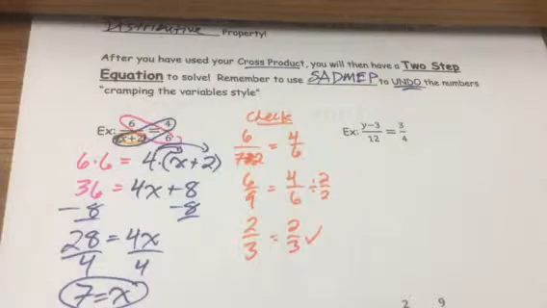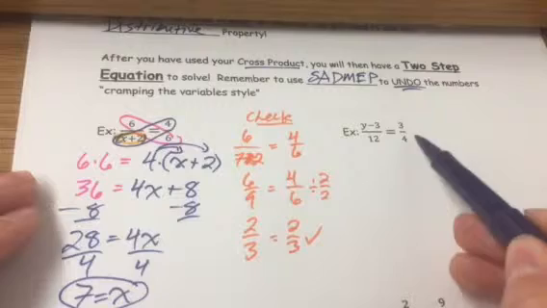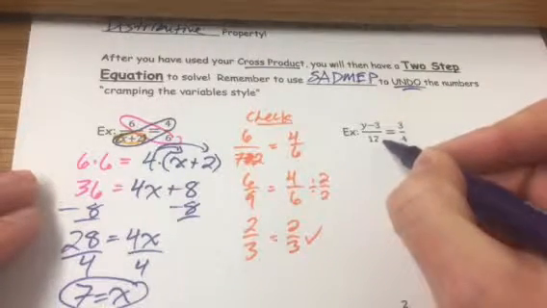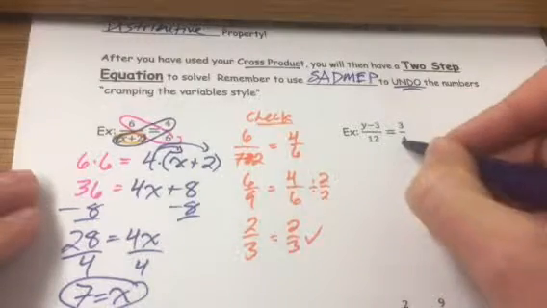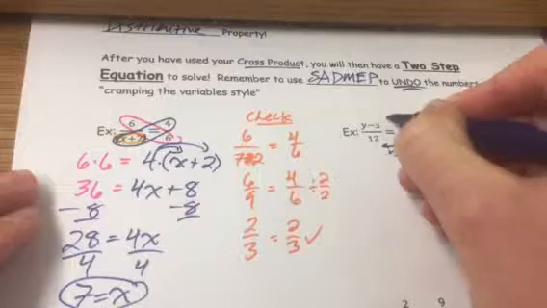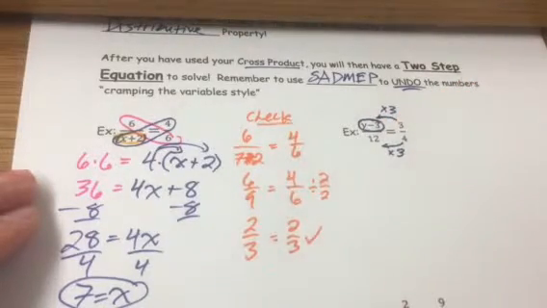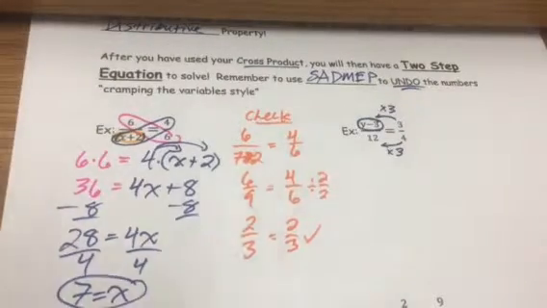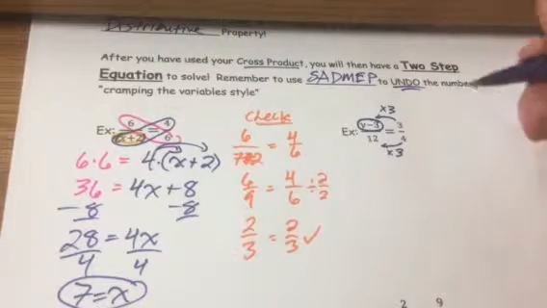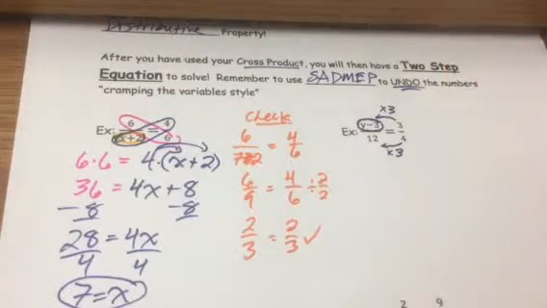Let's look at the next one. So we have 4 and 12, and these actually are compatible. I would be multiplying this by 3 to get me to 12, which means I need to multiply this whole thing by 3 as well.